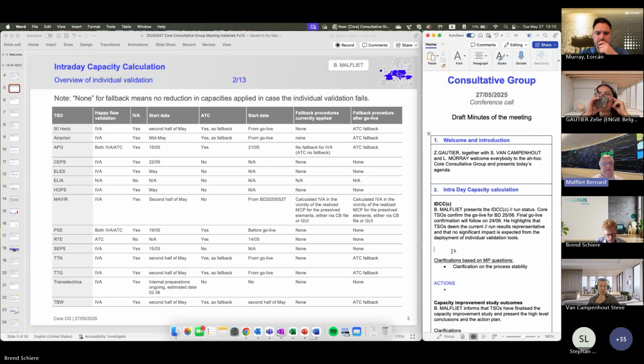Where was I? So one TSO estimated that there is no risk for operational security in the IDCCC domain, so there is no validation being done. In terms of ATC validation, it's going to be used quite often by TSOs as a fallback.